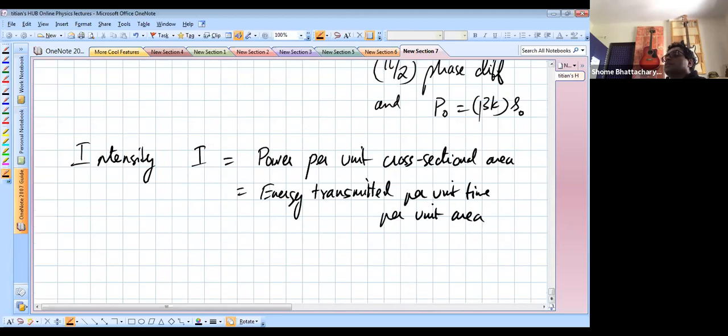So that intensity comes out to be a very similar formula as the power in the case of the strings. But here it comes out to be half. There it was mu v, here it is rho v. So linear mass density is replaced with volume density into v into omega square into displacement amplitude square.